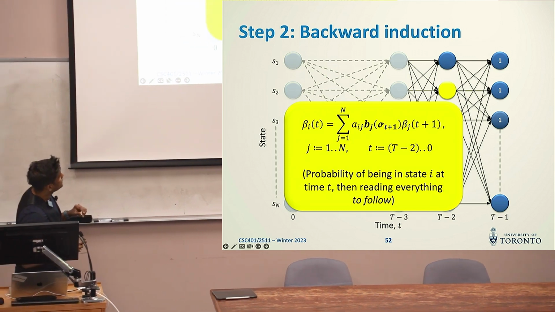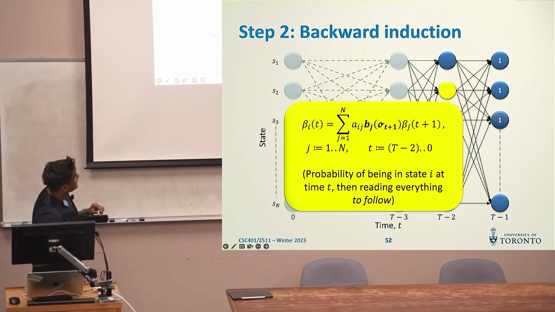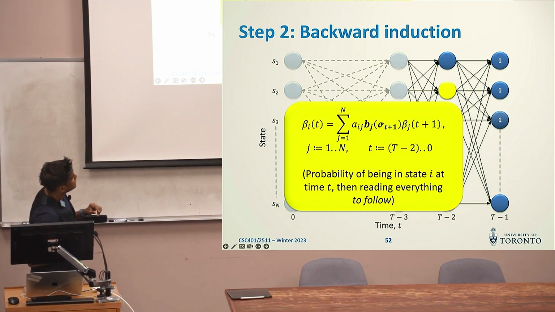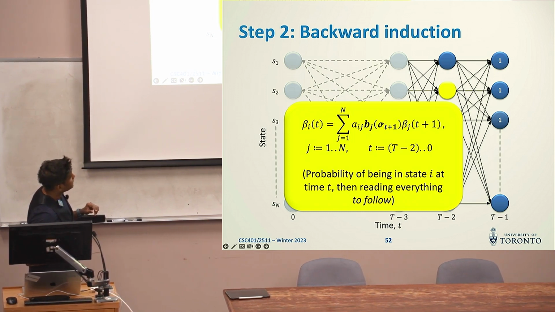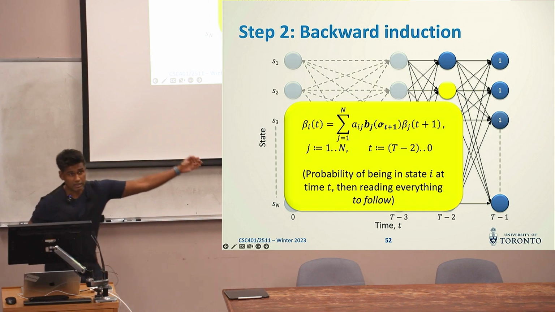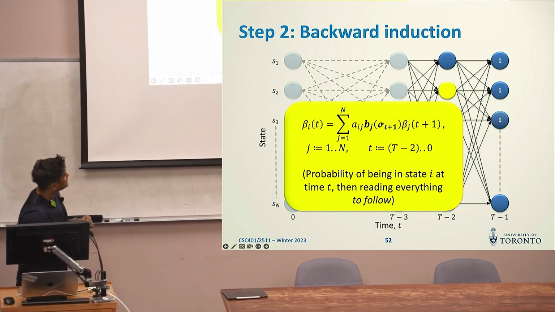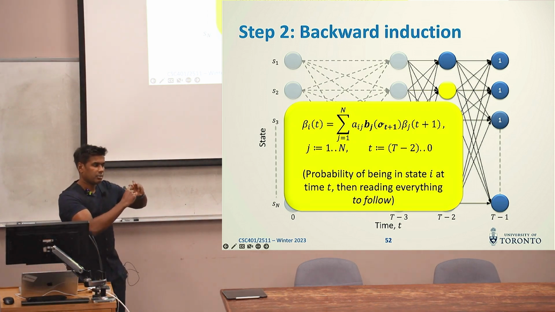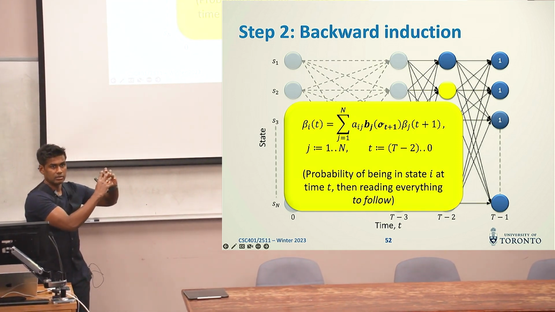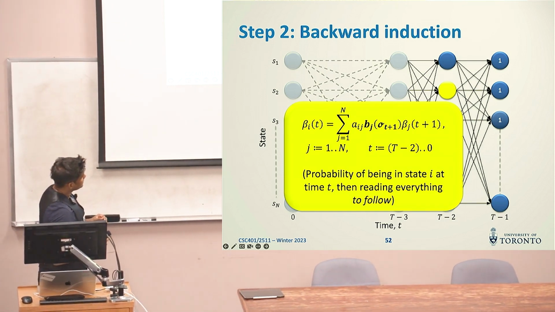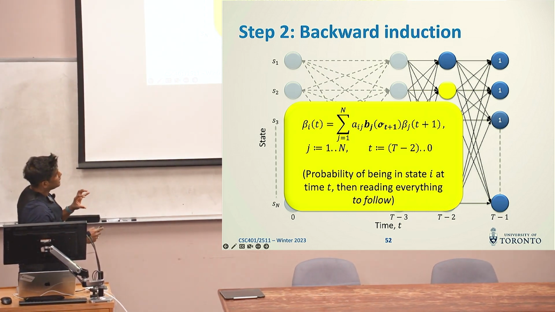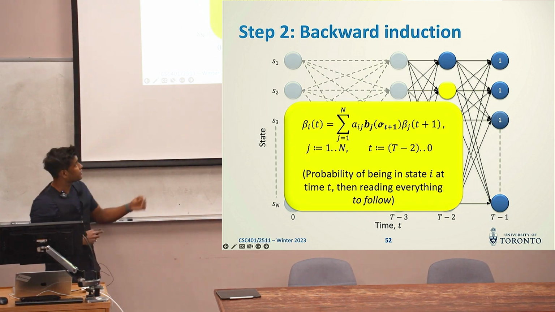The way we do this is a_ij, the transition probability, and b_j of the observation, the emission probability of observing whatever the observation was in the immediate future time step. These two are familiar, we've already seen them. Then we also take beta_j(t+1). For example, for this node over here, beta_j captures the probability of all future observations from that node. So using this formalization, we're summing all the probabilities of all outgoing arcs from this specific node.